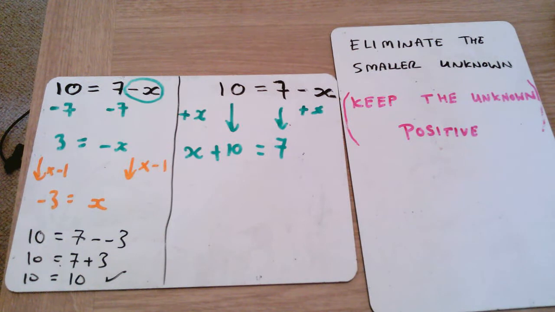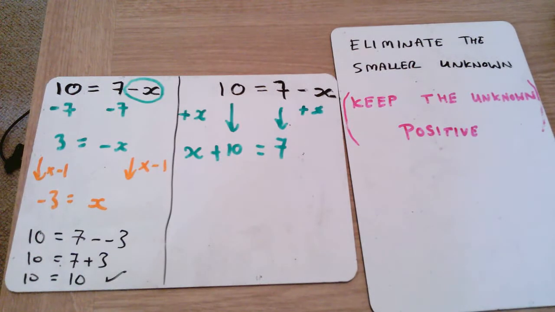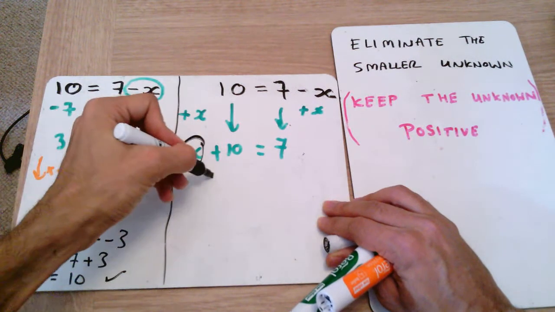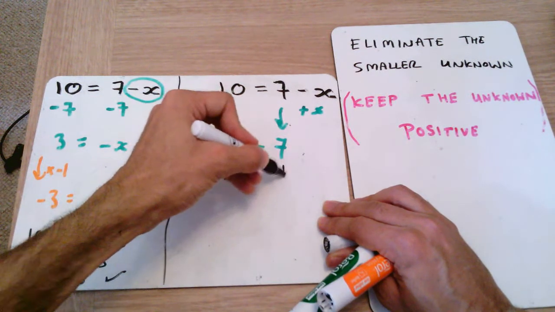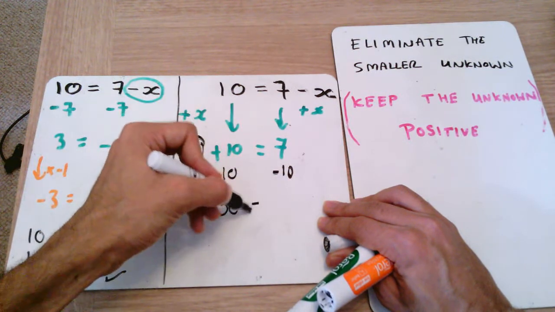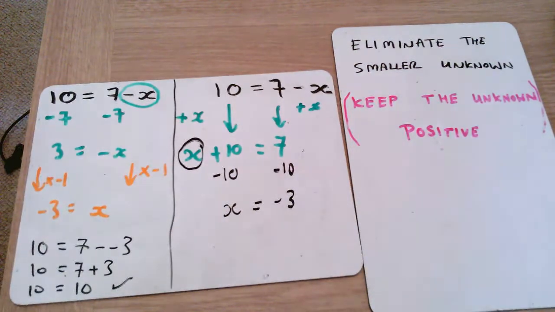Now, we're just solving this like we do normal questions. Our x is now positive, and we want to make it the subject of the formula, or to isolate it. So if I want to isolate the x, I'm going to subtract 10 here and subtract 10 here. X on its own, 10 minus 10 cancels out. 7 minus 10 is negative 3.